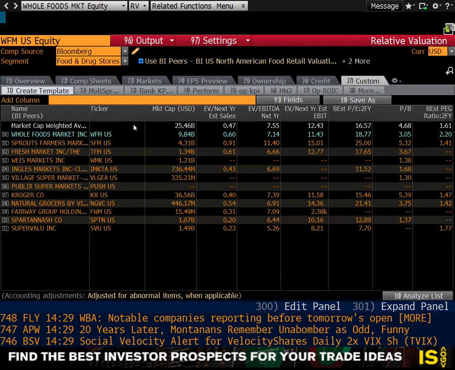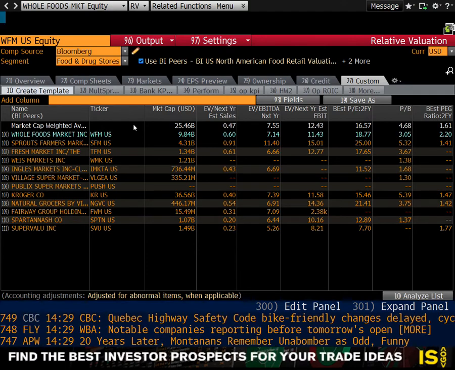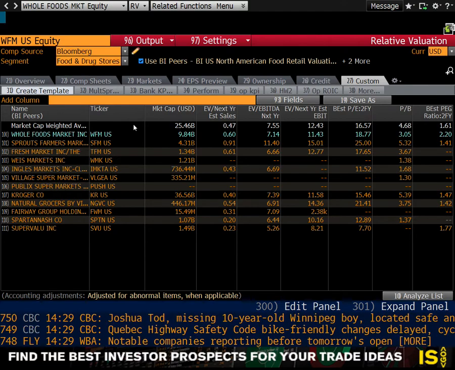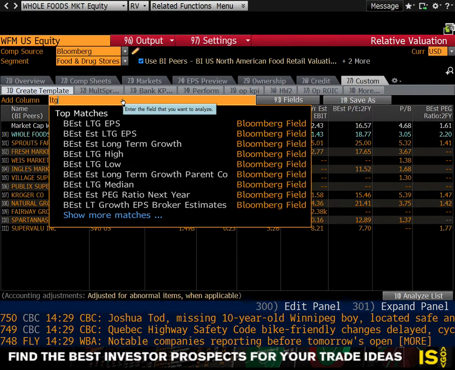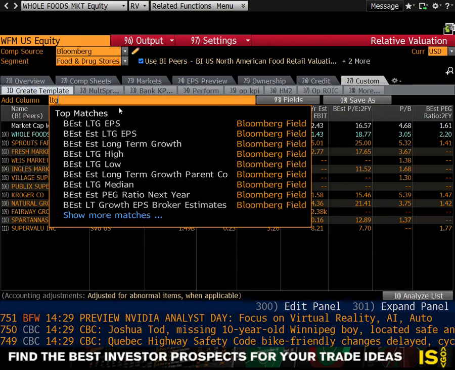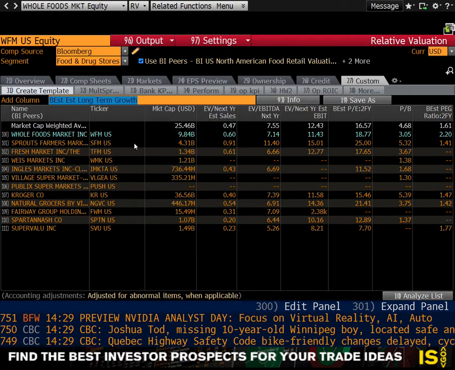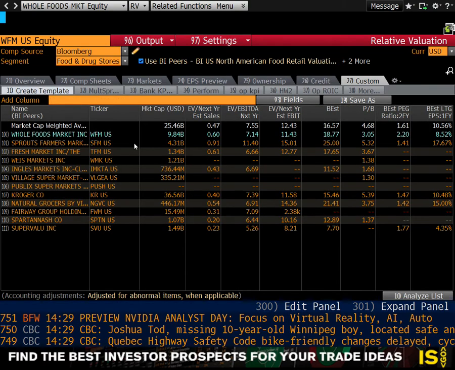So the analysts are using a different number for growth in earnings than they are for growth in free cash flow. So in this case, to help you, I'm adding a seventh number, which is type in LTG, just so you know what the long-term growth rate is that they're using for EPS. So use the best estimated long-term growth rate. Okay, so that's growth in earnings per share for the next 5 years.